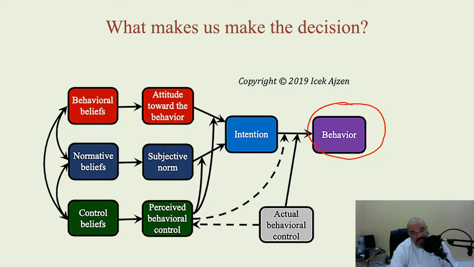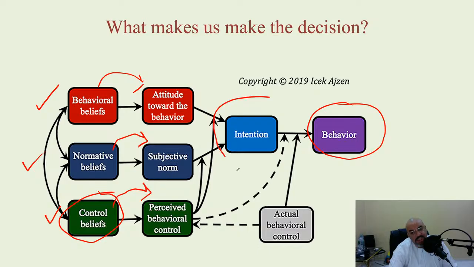There are, of course, our beliefs in the ways and the assessment. There are normative beliefs and there are control beliefs. These control beliefs can be like a policy or procedure. This will lead to our attitude toward the behavior, what the environment around us accepts, and also what other organizations will lead us to, until we form an intention for using or selecting a specific product, and then we will use this product or not.